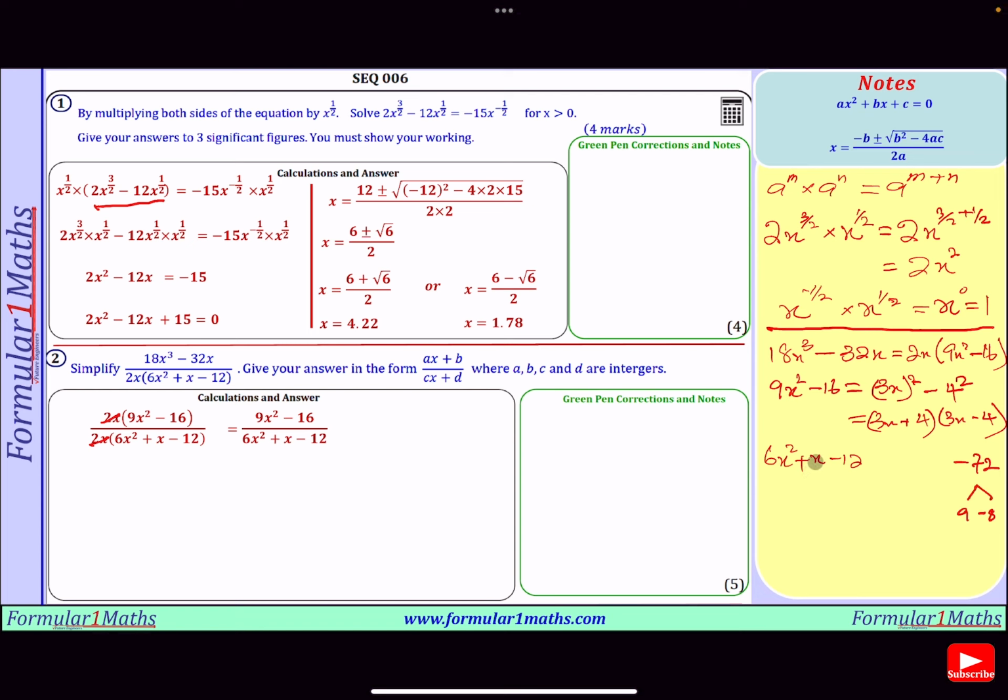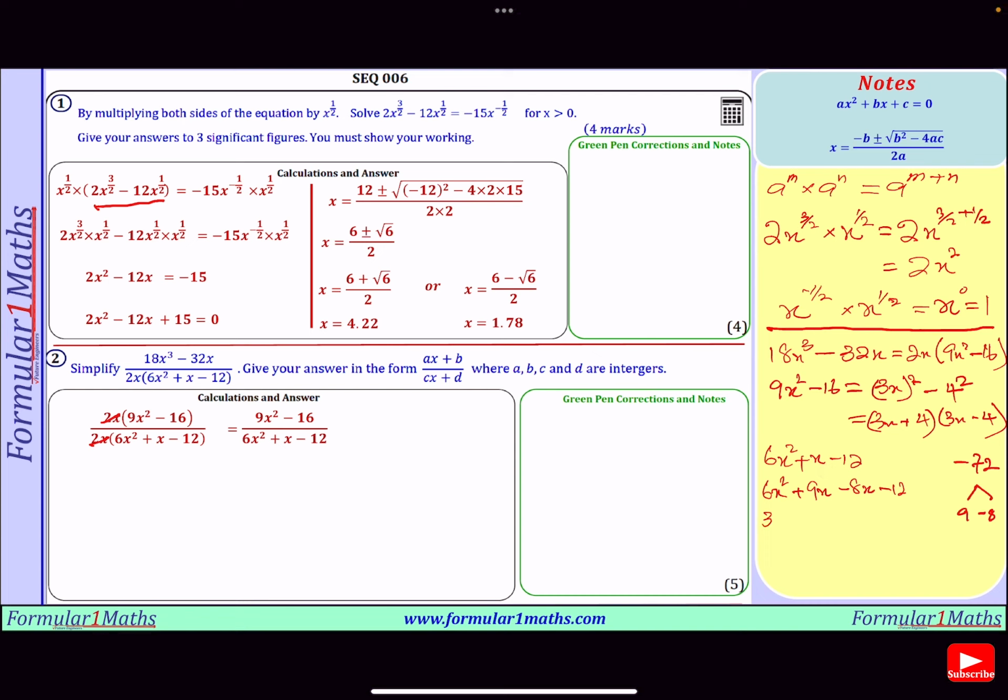So I'm going to replace this x by 9x minus 8x. So if I do that, I'll get 6x squared plus 9x minus 8x minus 12. So as you can see, 9x minus 8x gives me x. Then looking at these two terms here, I can see that 3x is common.